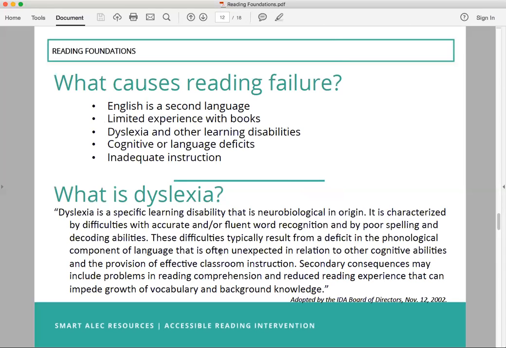In fact, most of the time, their reading fluency is going to be poor. And oftentimes, it's poor spelling as well. And that's all coming back to that difficulty in the phonological component of language that's not expected due to any of these other pieces. It's not due to English as a second language, or a limited experience with books, or a cognitive delay, or inadequate classroom instruction.